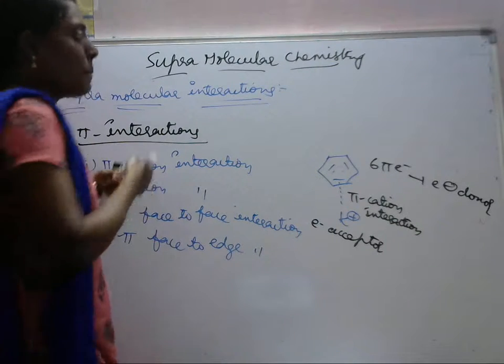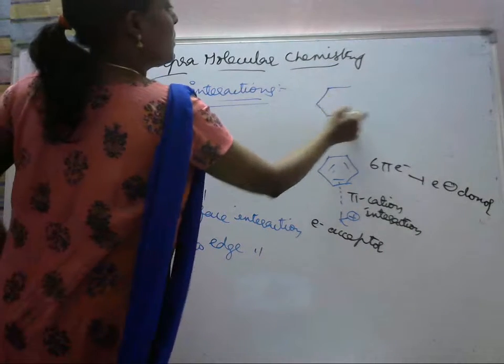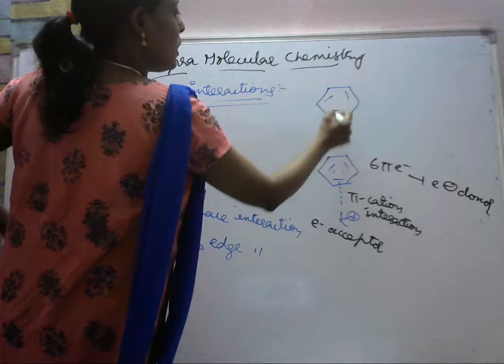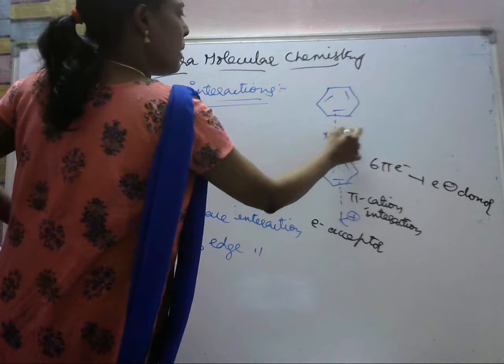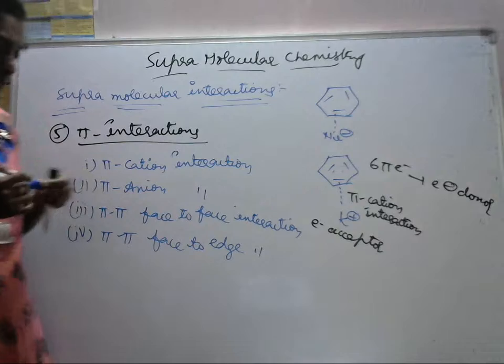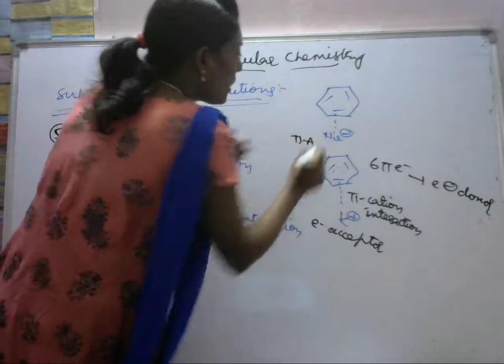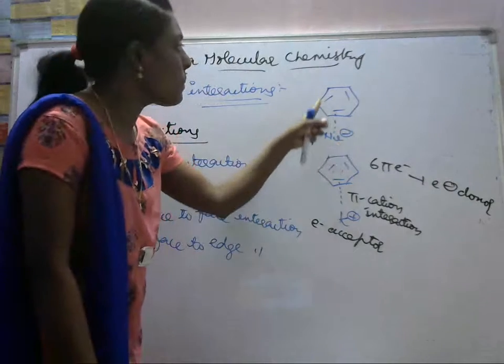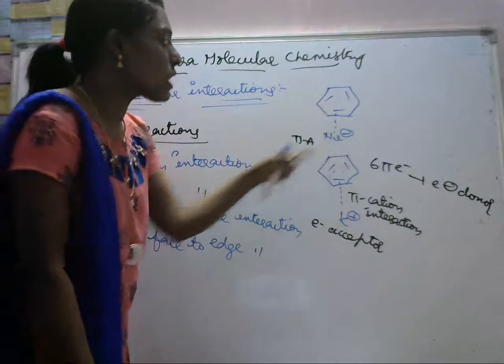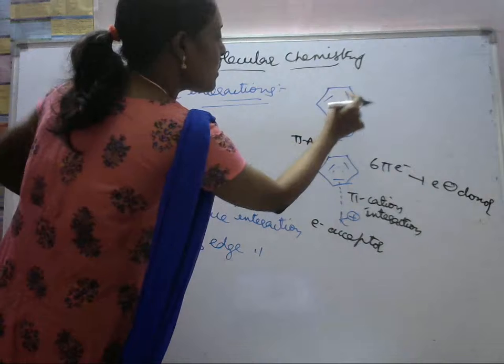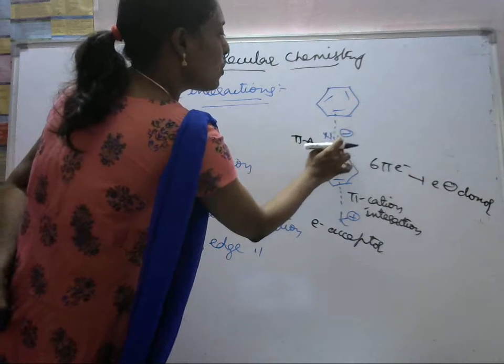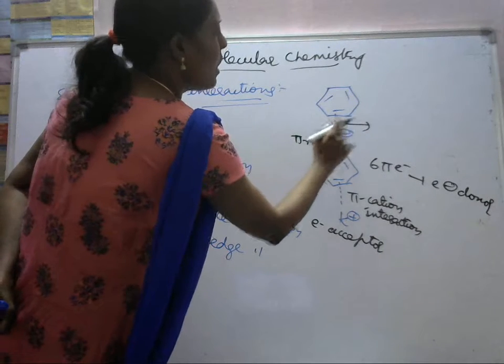If it binds with a nucleophile, meaning an anion will be there, then pi electrons are there. There is an interaction between these pi electrons and this nucleophile, which is the negative anion.